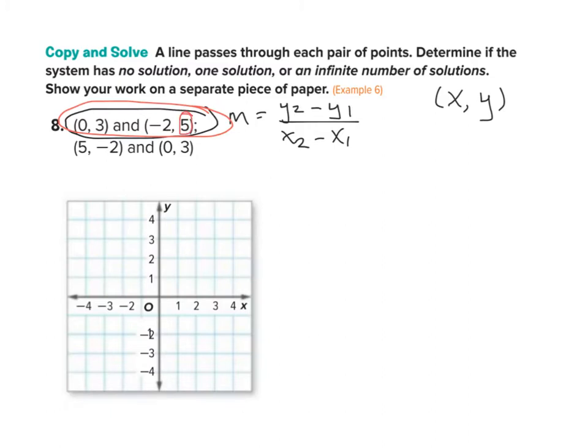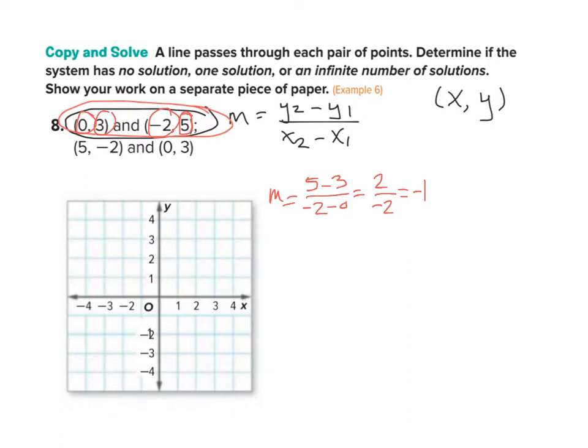So I'm going to take Y2 minus Y1, 5 minus 3 over negative 2 minus 0. And then so my slope for my first equation is going to be 5 minus 3, which is 2, and negative 2 minus 0, which is negative 2. So my slope is negative 1.